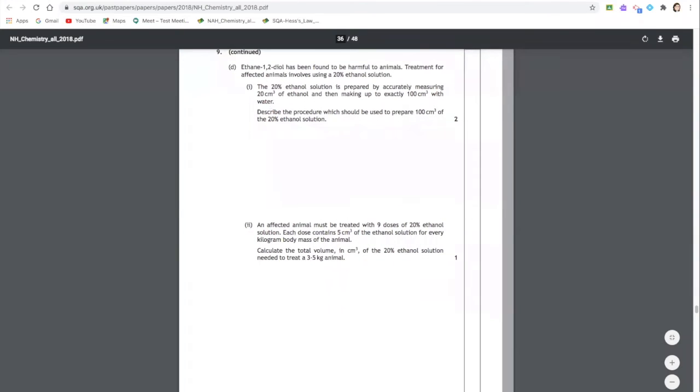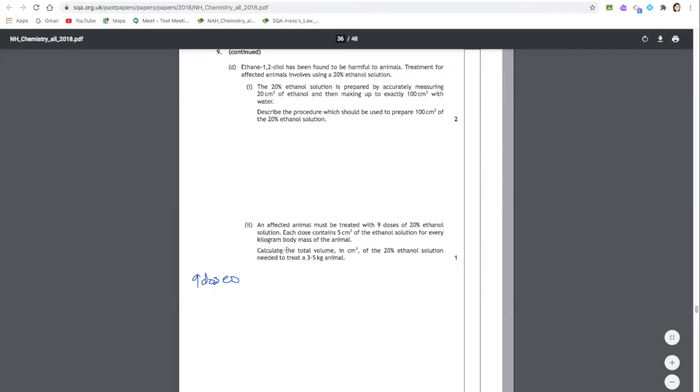So, an affected animal must be treated with 9 doses. That's important, you need 9 doses. Each dose contains 5 centimetres cubed of ethanol solution for every kilogram body mass.